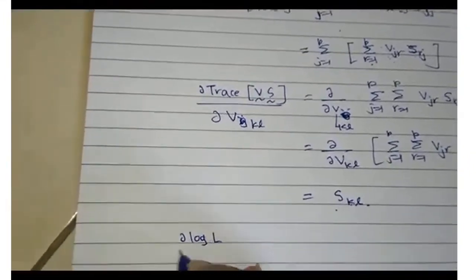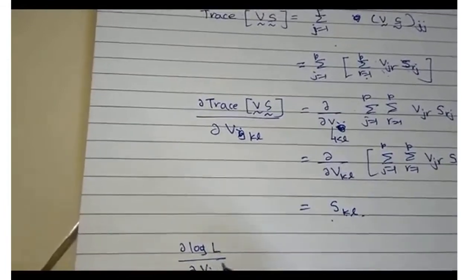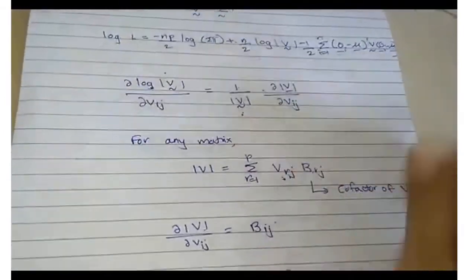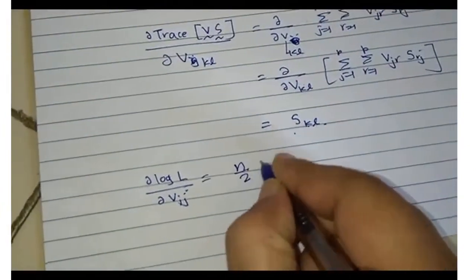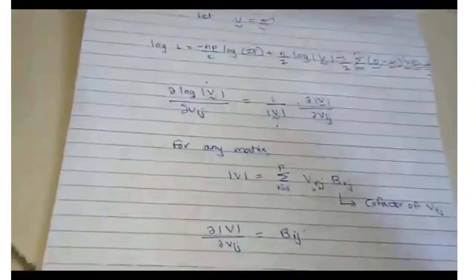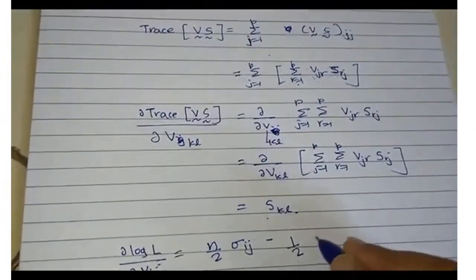Hence, now substituting it in my derivative of log L, what I am left with is the derivative of log L with respect to vij. The first term vanishes. For the second term, we know that the derivative of log determinant of V is just sigma ij. But I have n by 2 sitting over here, so I will be left with n by 2 sigma ij, and from this term I have minus half and the corresponding derivative.